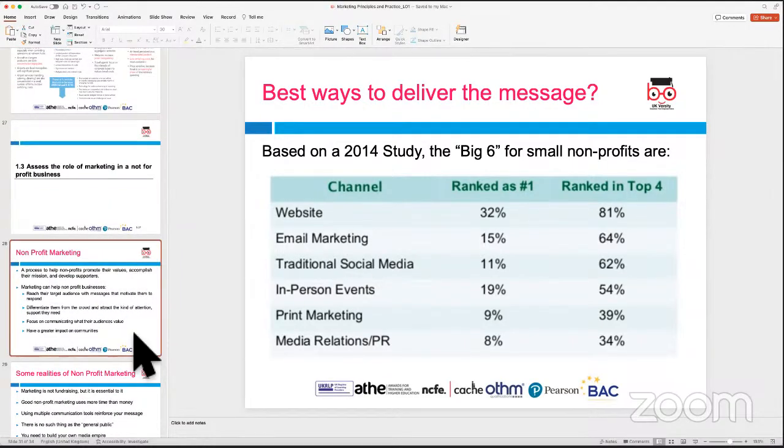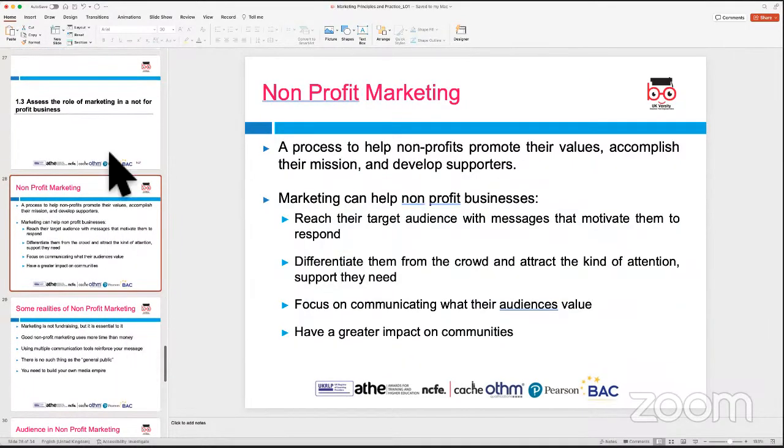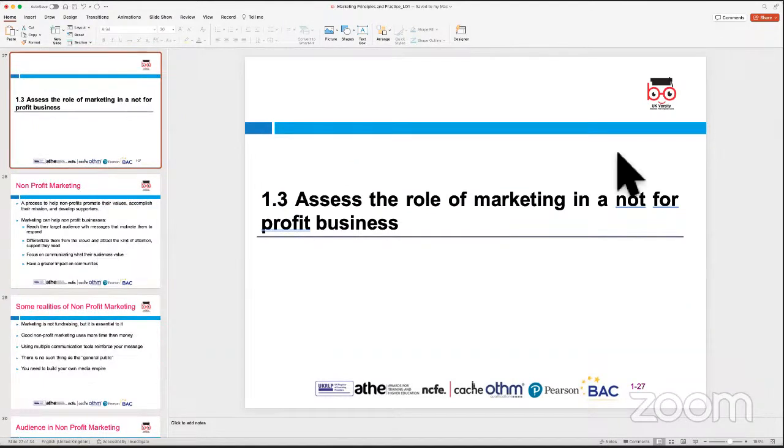So these last few slides give you an idea in terms of what is the role of marketing specifically when we talk about non-for-profit organizations.